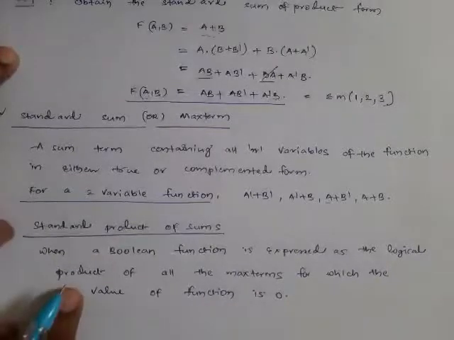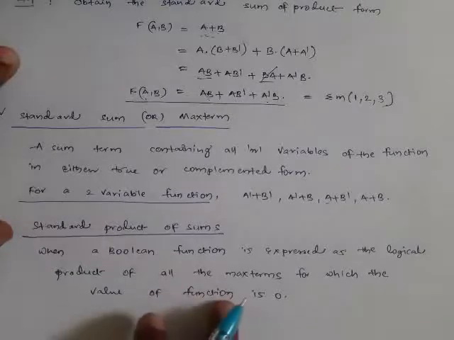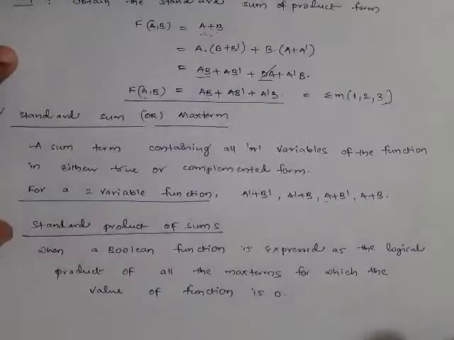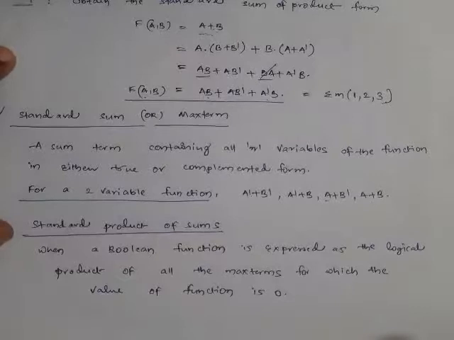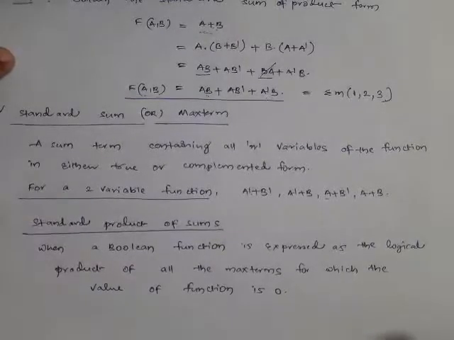So when we express a boolean function as the logical product of the max terms, which max terms? Max terms for which the value of the function is 0.